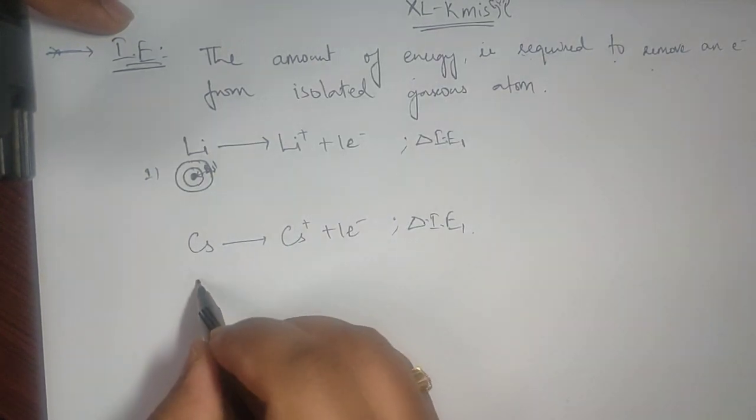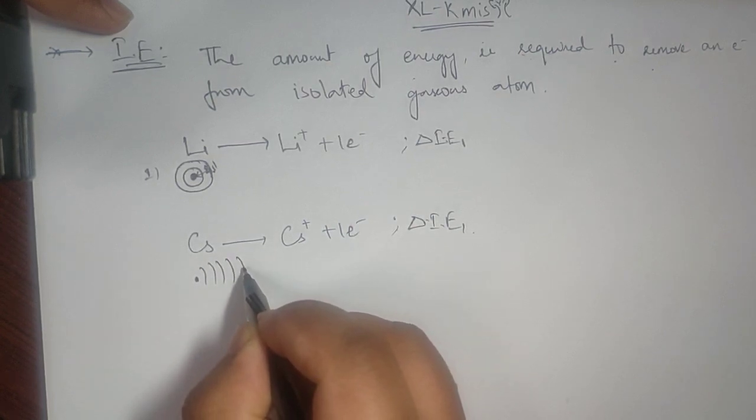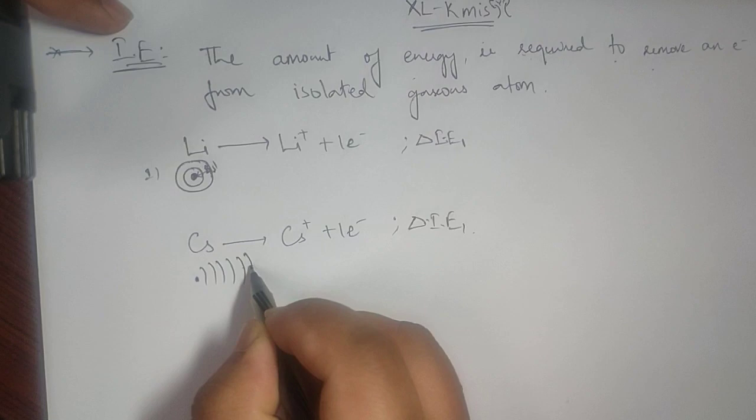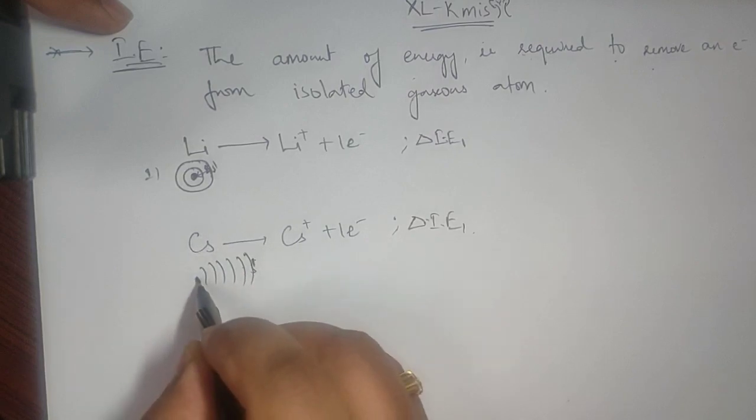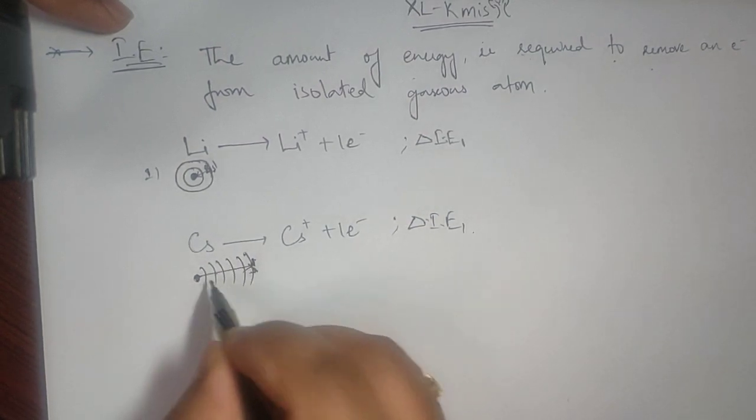So we know it has many shells, 1 2 3 4, right? From this the electron is coming out, fine. So the nucleus is at the center somewhere here, and the last valence electron is somewhere here. Between these two there is a force of attraction.